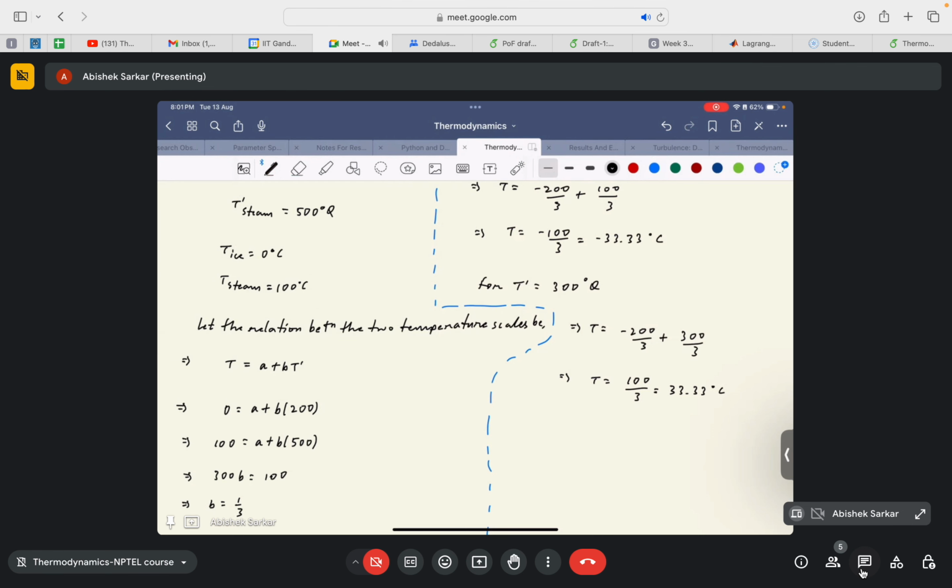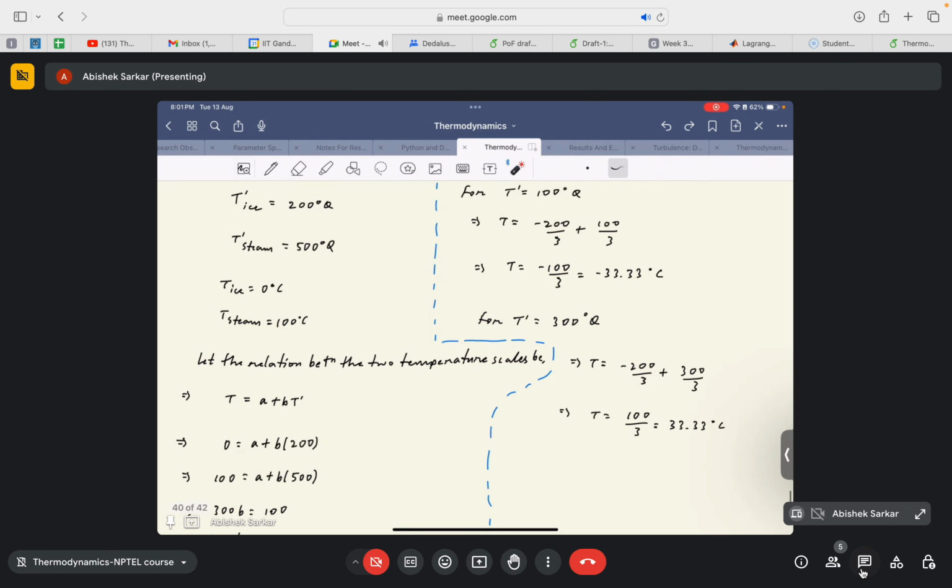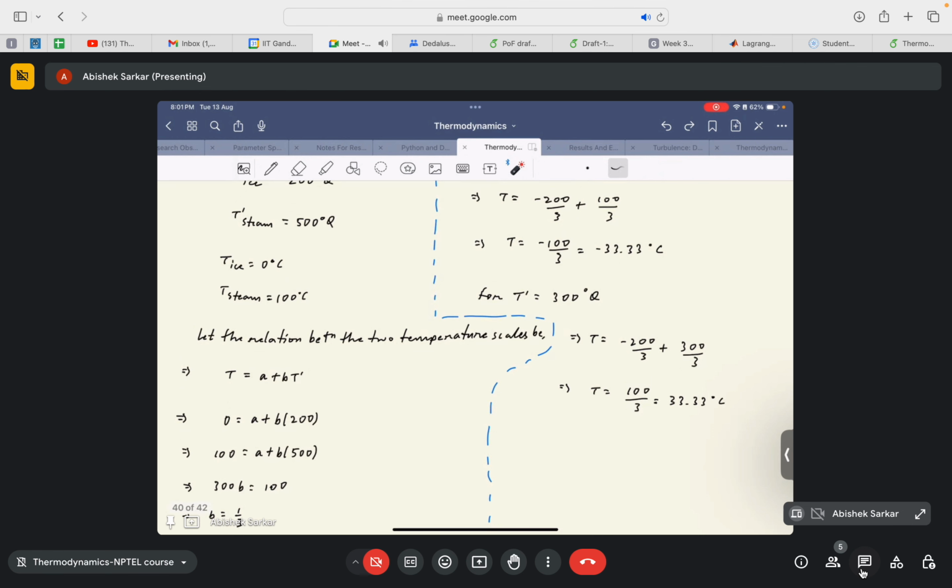So let me write T is equal to A plus B T dash, where T dash is the new temperature scale devised by the engineer. So I have that 0 is equal to A plus B into 200, because T dash ice is equal to 200, and 100 is equal to A plus B into 500.